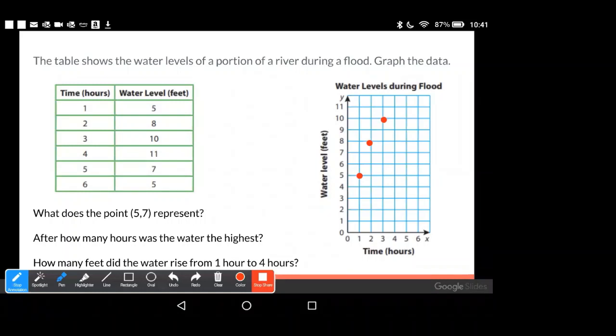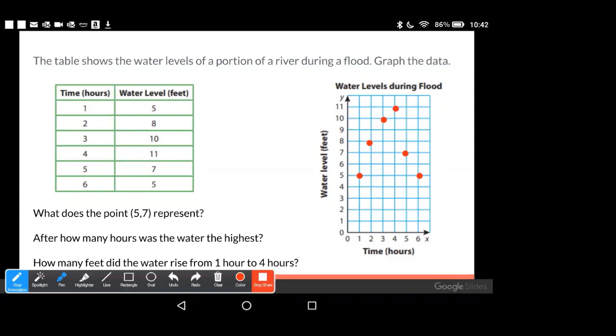Okay, after 4 hours, I have 11 feet of water. And after 5 hours, it starts going down. I go to 7, right there. And then after 6 hours, I have 5 feet of water. Okay. So there's my data on a graph. And so you can kind of see it going up and then coming down. I've got all my points on there.